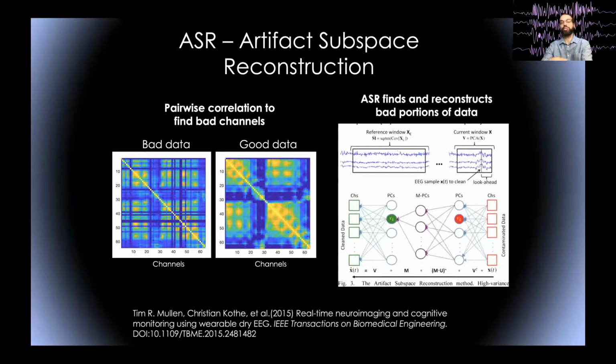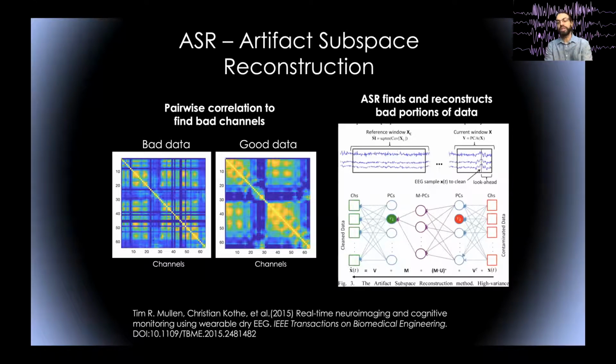And then there's another process to find the bad portions of data, since the previous step detects the bad channels. To detect the bad portions of data, we use artifact subspace reconstruction, except we only use the part of the algorithm that detects the bad portions.